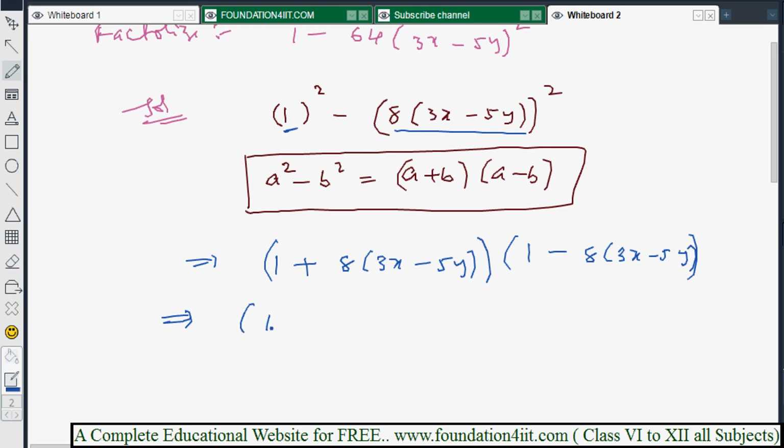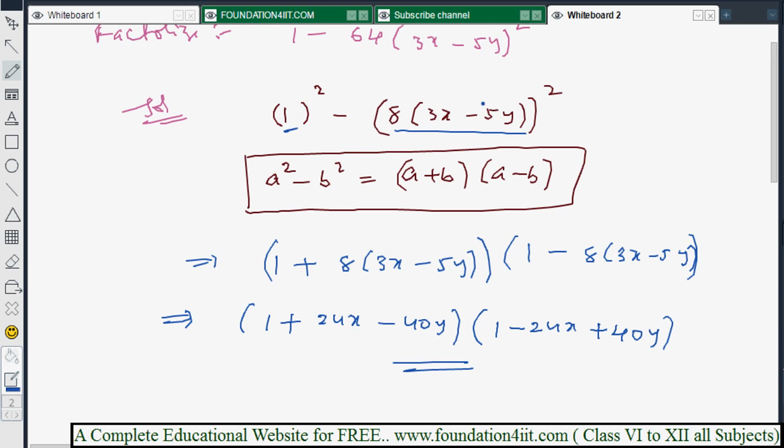So 1 plus 8 into 3, 24x, minus 8 into 5, 40y. You already learned multiplication of monomials with polynomials, right? Now 1 minus 24x plus 40y. That's it. We need to simplify. So this is the product of two expressions, so we can make it.